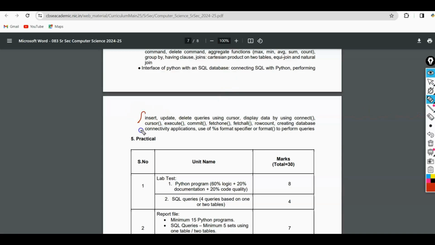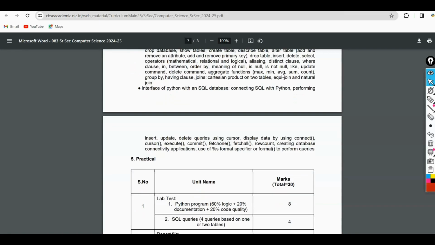Under this we have functions for inserting, updating and deleting queries by using the cursor, and displaying data, by using the connect function, cursor function, execute function, commit. Then we are going to read about fetchone, fetchall, rowcount property, and how to create database connectivity applications, using the %s format to perform your queries. These are the things you are going to learn in this chapter.